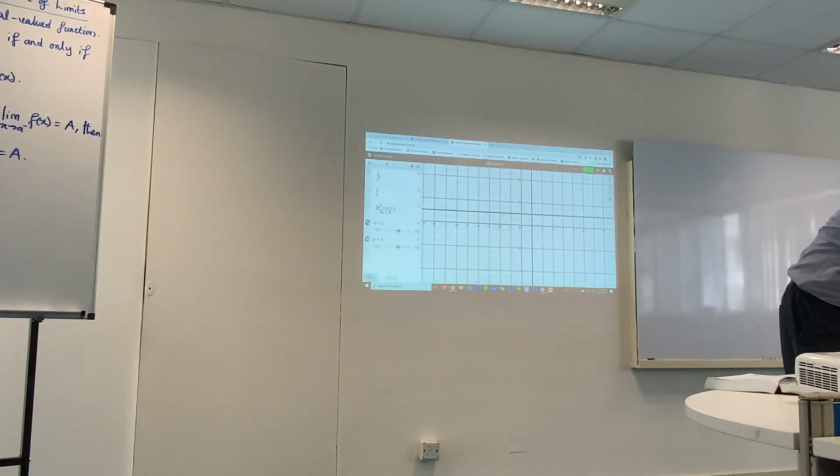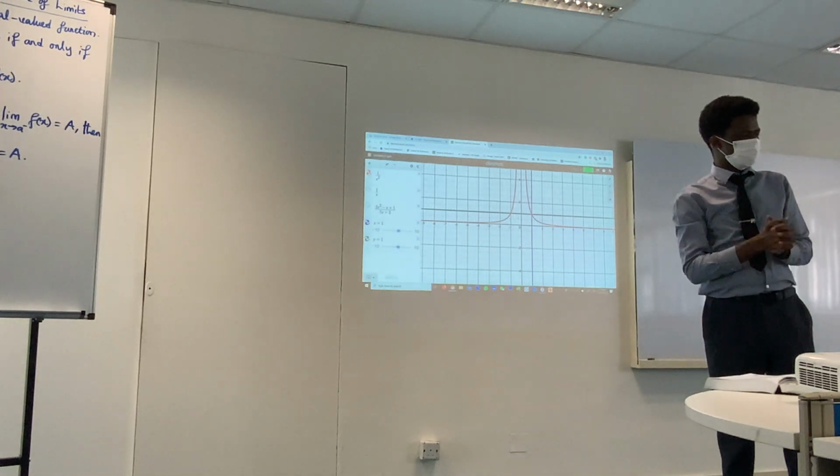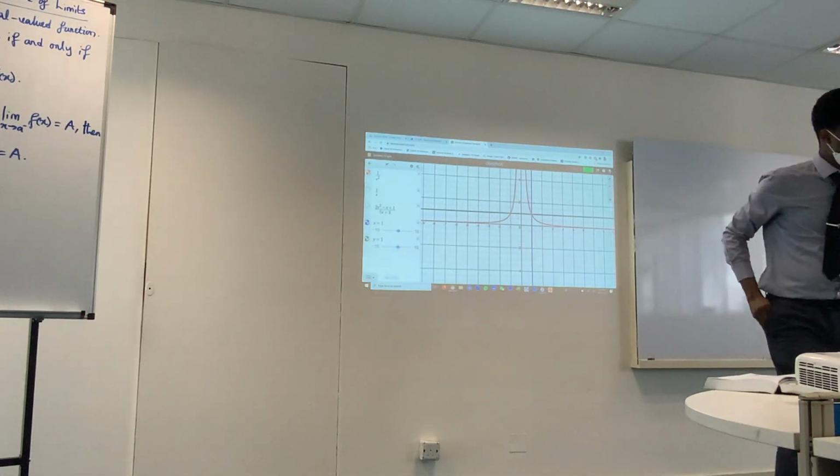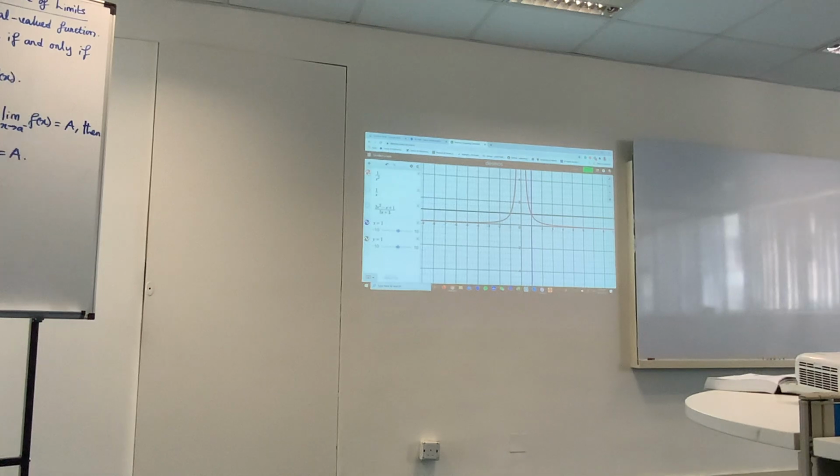Look at this one. Let's say we are interested in the limit of this function as x approaches 1. By direct substitution, this will give us 1, right? So let's still use the y equals 1 line. Can you see?